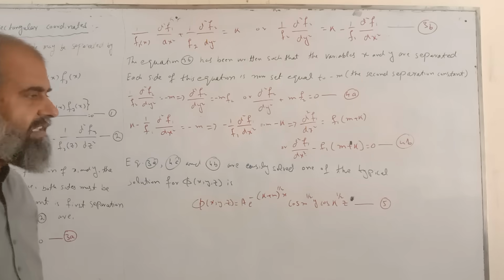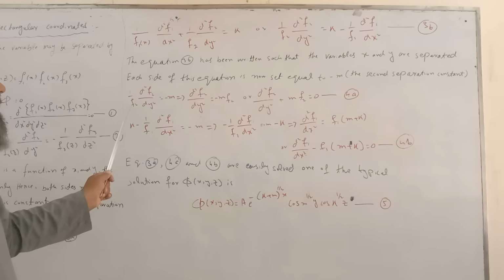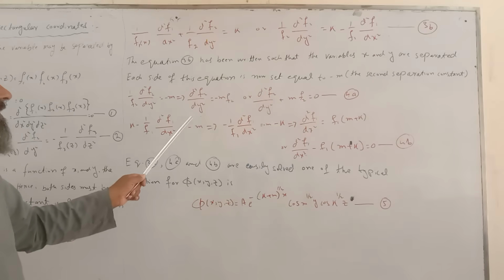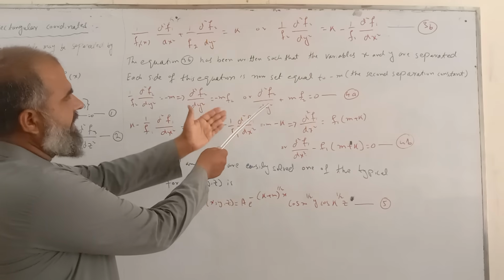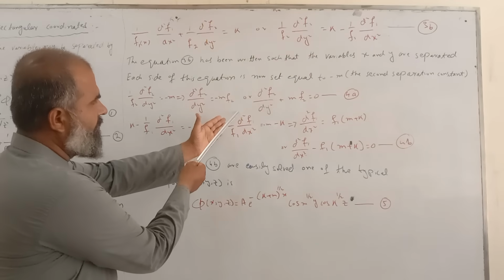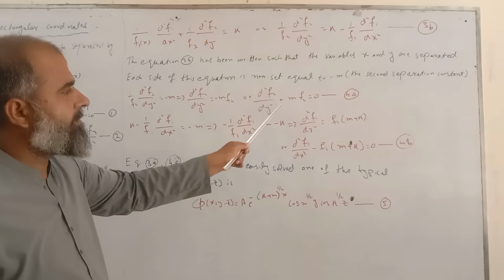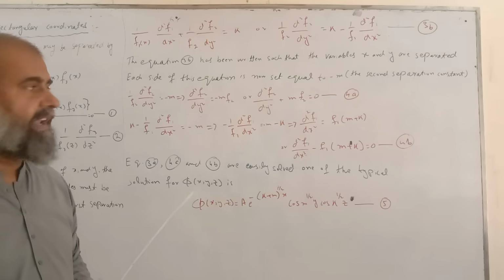So put 1 over f2 d square f2 over dy square equal to minus m, or d square f2 over dy square is equal to minus m f2. It will become d square f2 over dy square plus m f2 is equal to 0. This will be our equation number 4a.